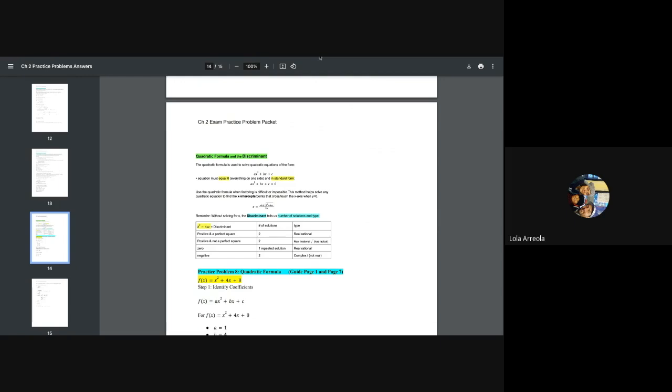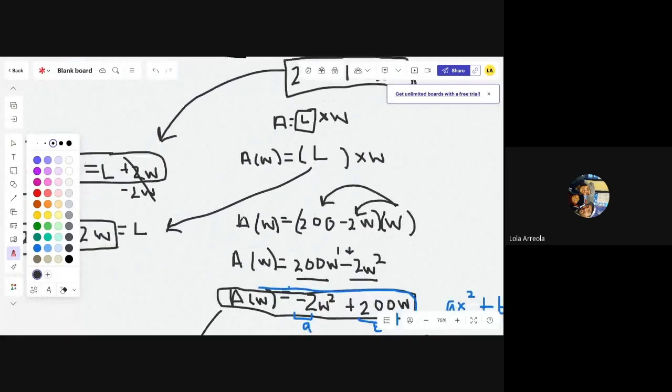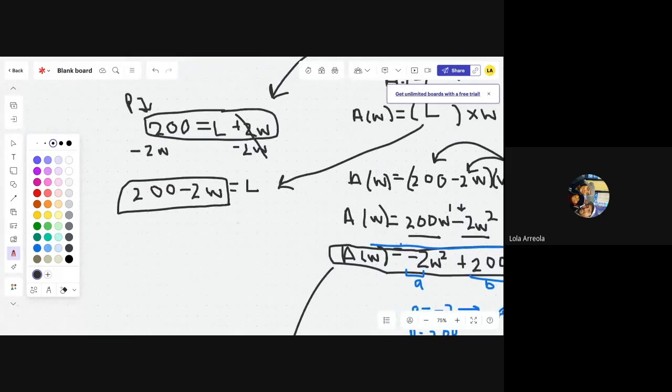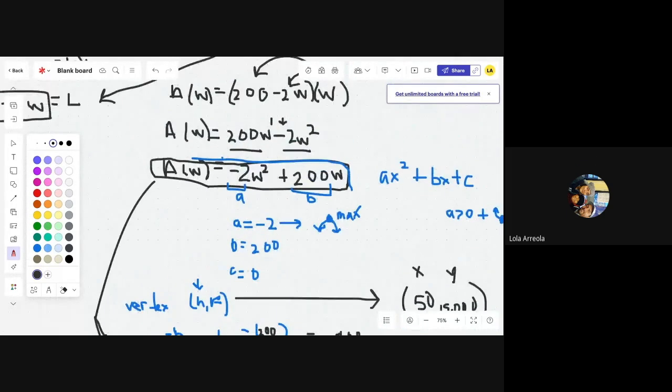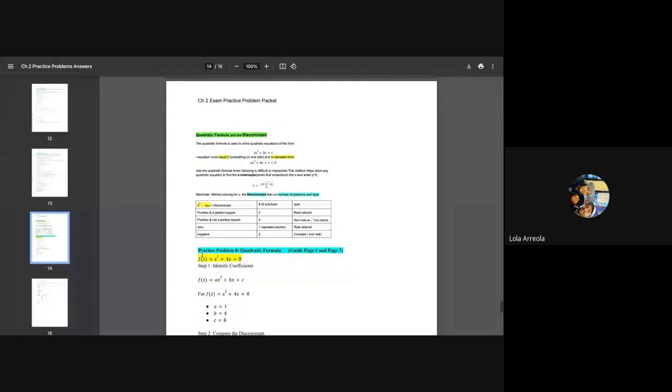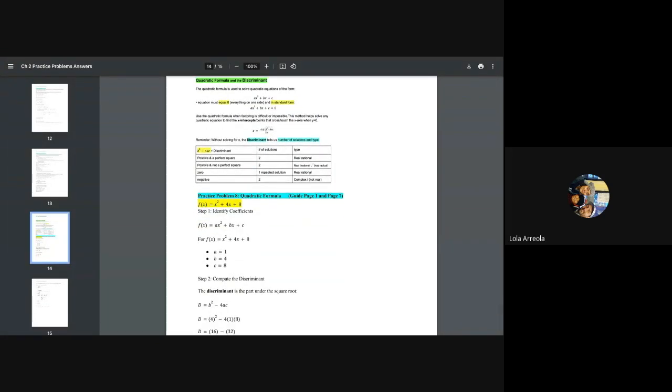So technically, with this problem, I could use the quadratic formula if I want to, because this is in the form ax squared plus bx plus c. If I'm missing my c value, that just means that it's 0, just like if I was missing my b value, it's just 0. Okay?